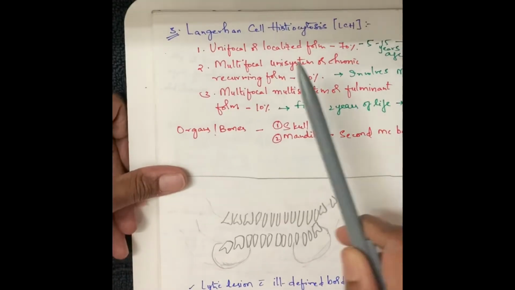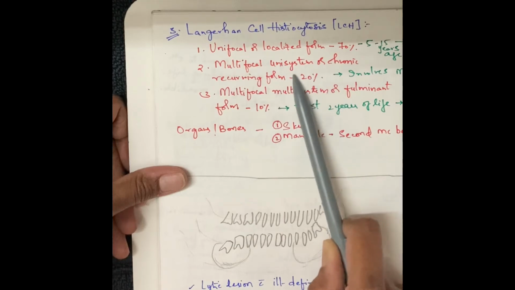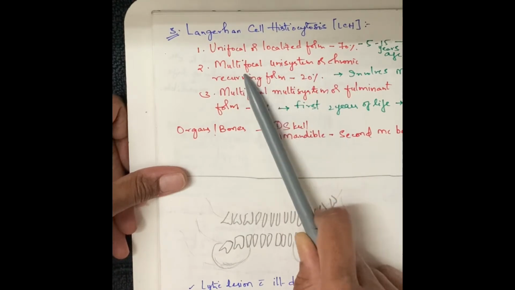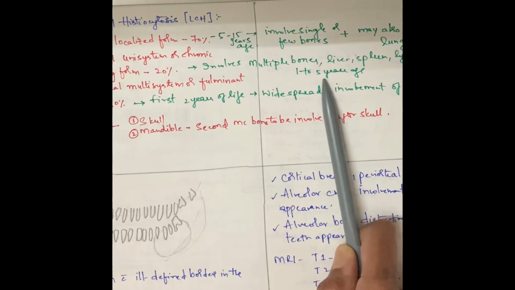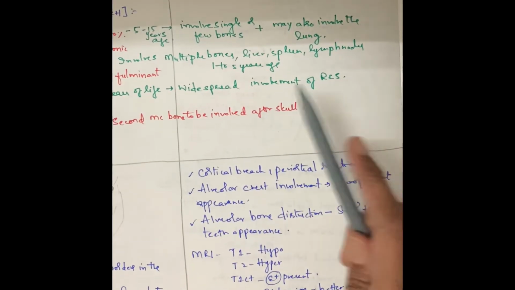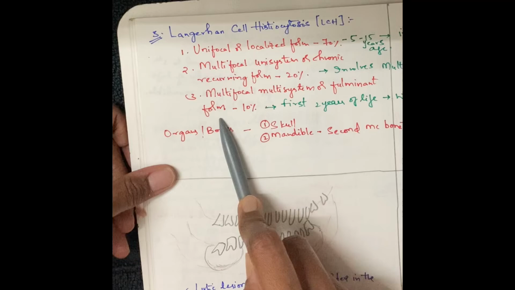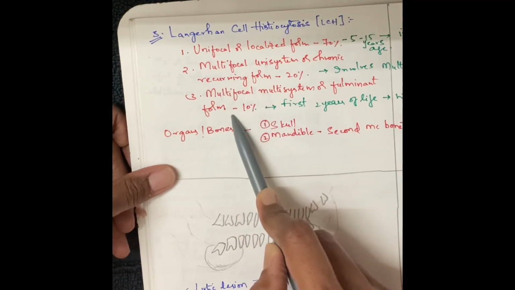Coming to the multifocal, unisystem or chronic recurrent form, it occurs in 20% of cases. It involves multiple bones, liver, spleen, lymph nodes. The age group is 1 to 5 years. The multifocal, multisystem or fulminant form is seen in 10%.